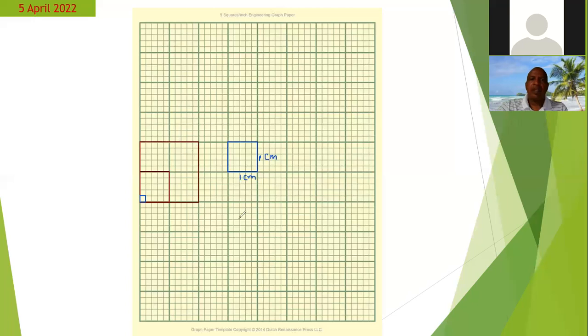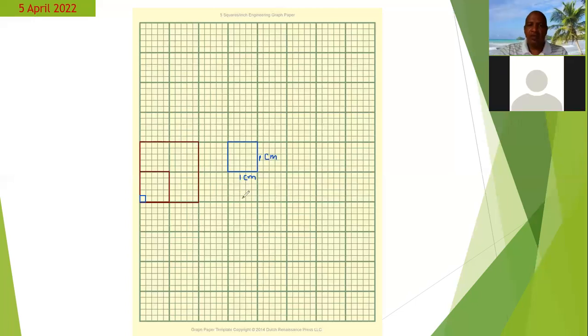Yes, sir. All right, so these are the actual measurements, meaning that if you use a ruler to measure it, you will actually get these measurements. Your graph paper is measured out accurately with a ruler measurement, all right? And because of that, we can actually do calculations using our graph paper.